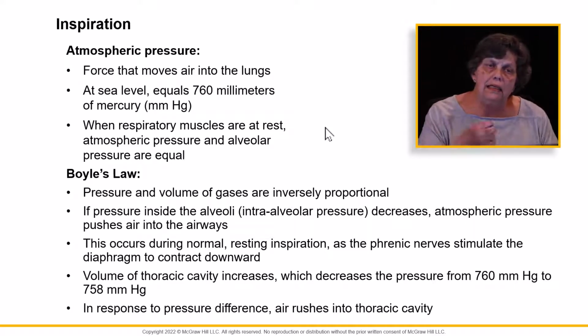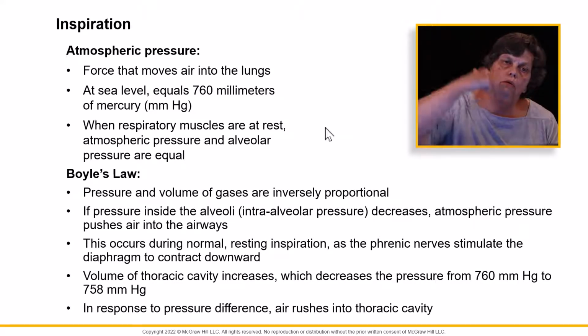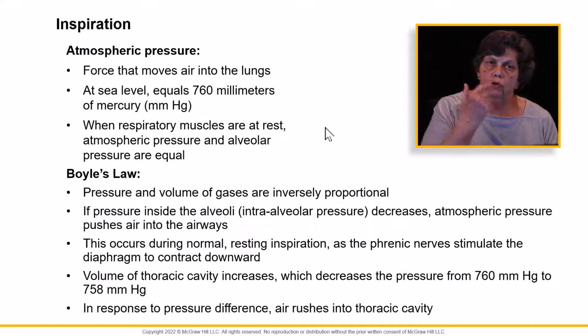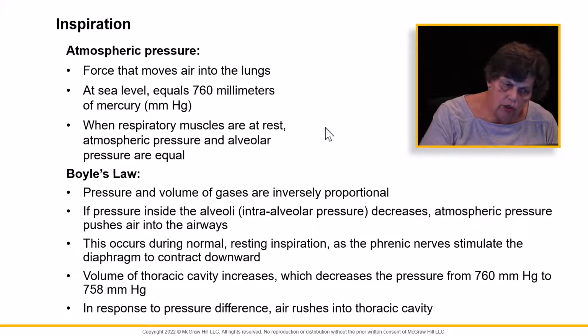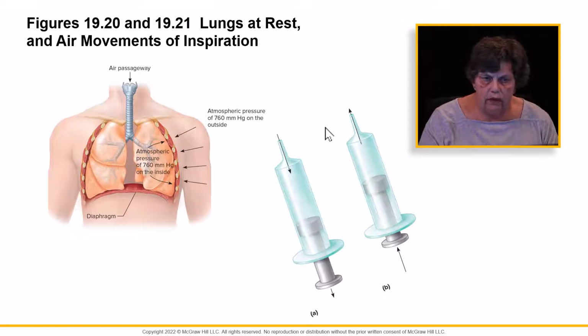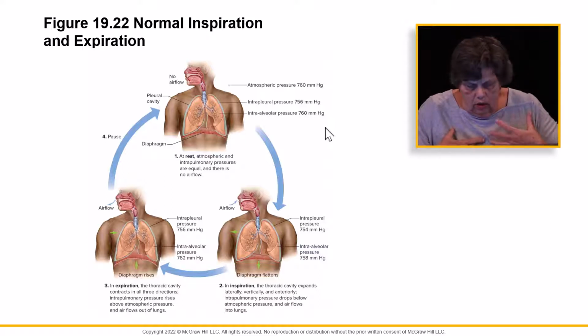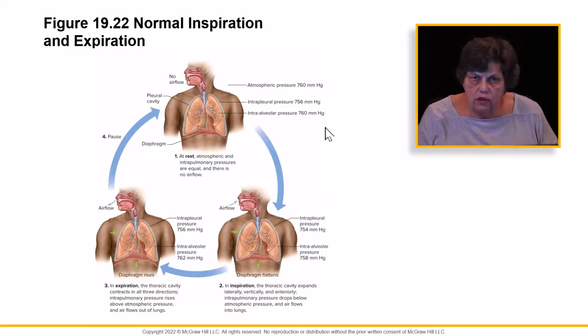But that's enough of a decrease in pressure to allow the air to go from your mouth into your lungs. All right, so air goes into the cavity, and you can see this. And then it's an active process. You have to expand the chest.